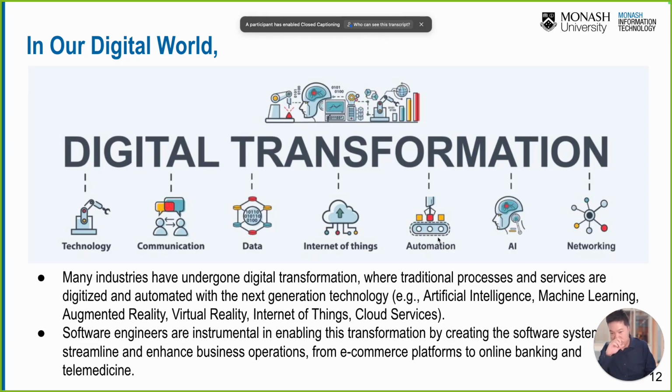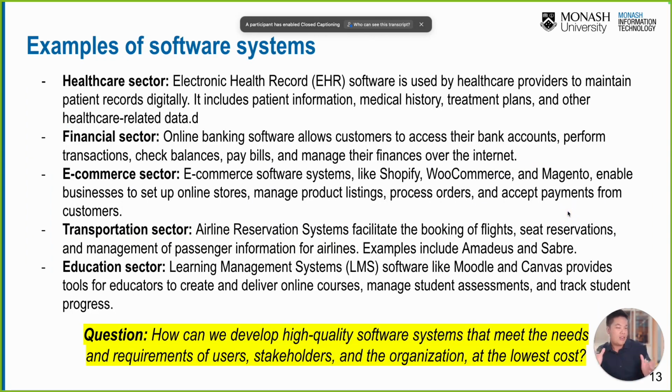But let's take a look at the different domains and different industries. What kind of software are they using at the moment? For example, in the healthcare sector, they normally use the electronic health record system to record the patient records. That means the doctor can look into the patient information, medical history, treatment plans, that kind of thing.